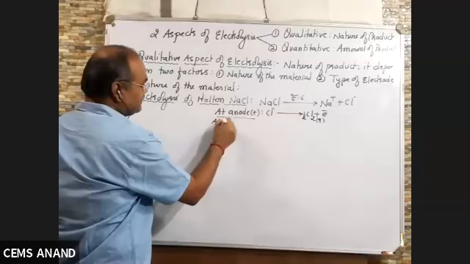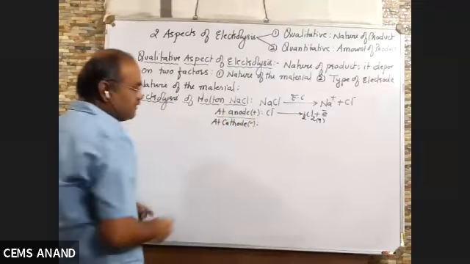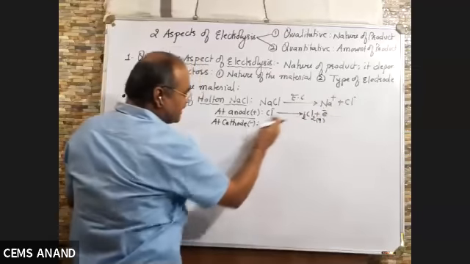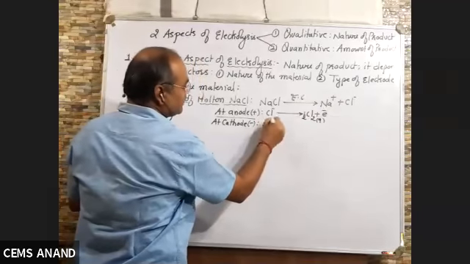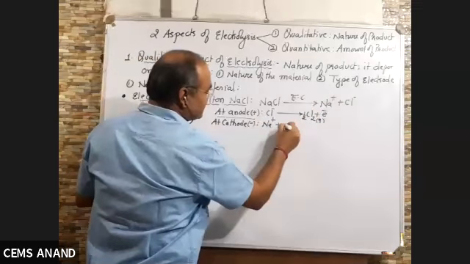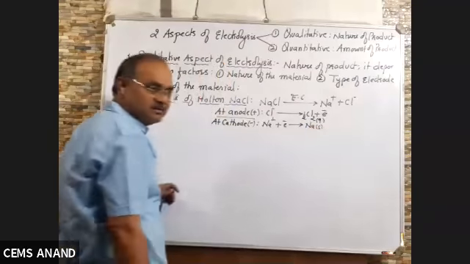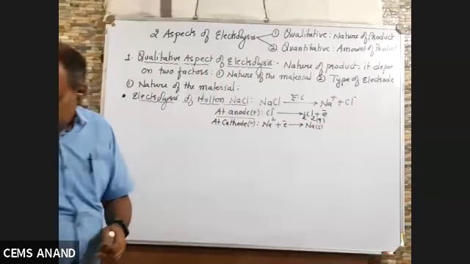At cathode, cathode is negative electrode. So Na plus will be attracted at cathode. And at cathode, reduction takes place. So Na plus takes electron and gets deposited as sodium solid. So what are the products obtained here?